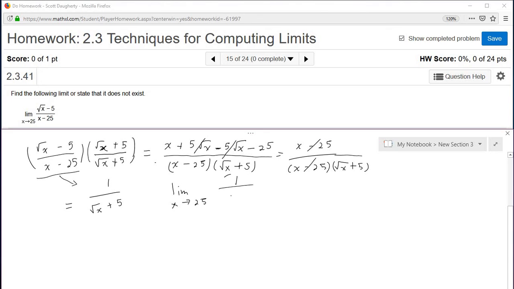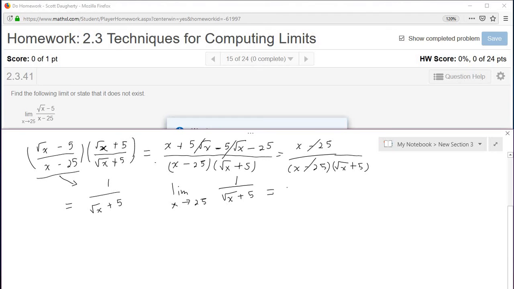So 1 over the square root of x plus 5. We're just going to evaluate that limit. And whatever this limit is, it's the same as the original limit that we were trying to find, since the original function is equal to this function I have here.